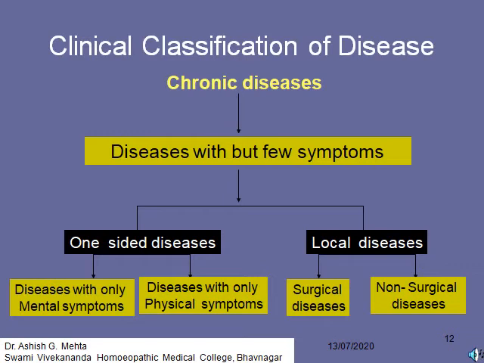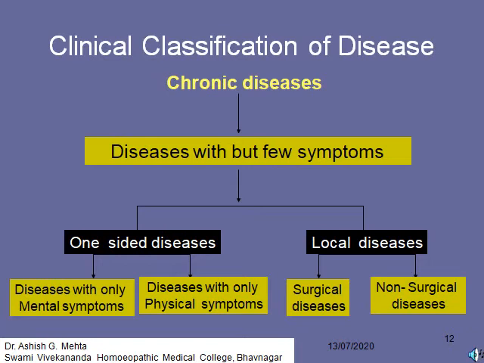The first one is the one-sided diseases and the second one is the local diseases. Both categories are again subdivided into two categories. These are the diseases with only mental symptoms and diseases with only physical symptoms. These are the categories of one-sided disease, and surgical diseases and non-surgical diseases are the categories of local diseases.